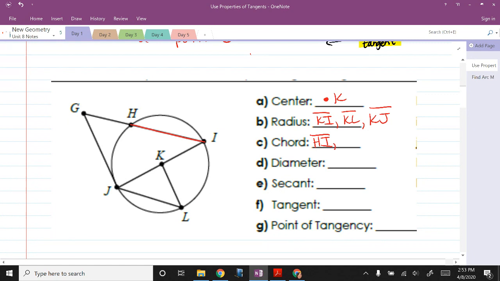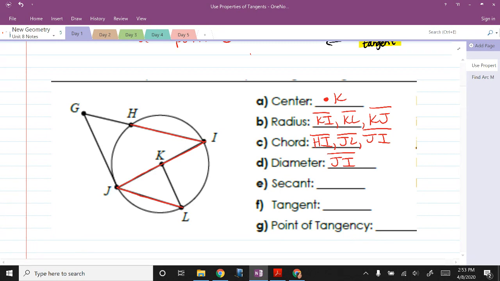Another one would be segment JL. And another one would actually be our diameter right here, because it goes through the center, JI. So that helps me to answer problem D. The diameter is segment JI. We just talked about how a diameter is a special chord.